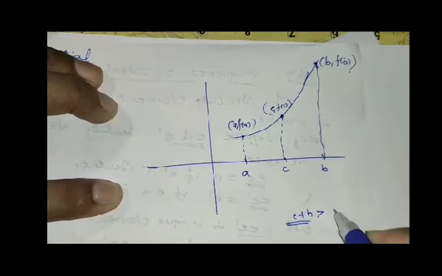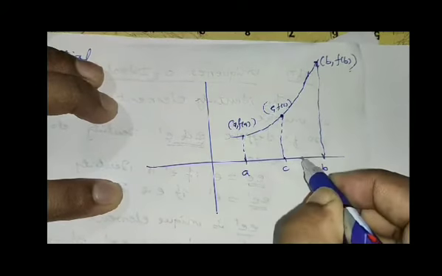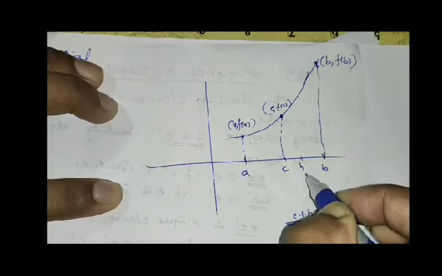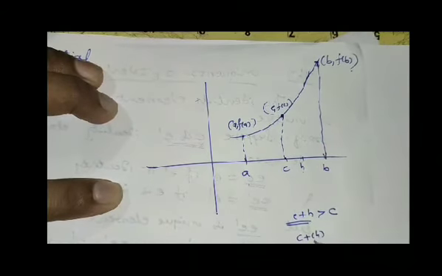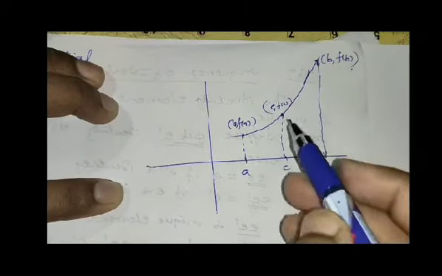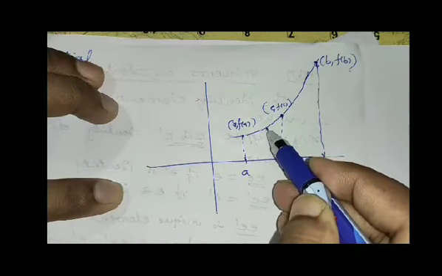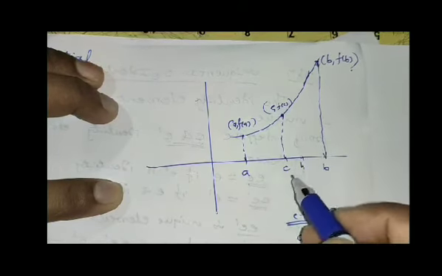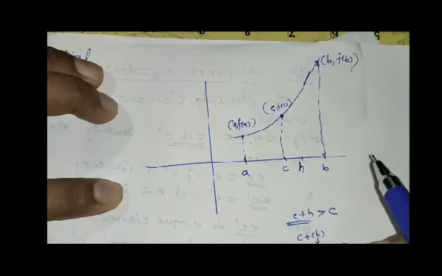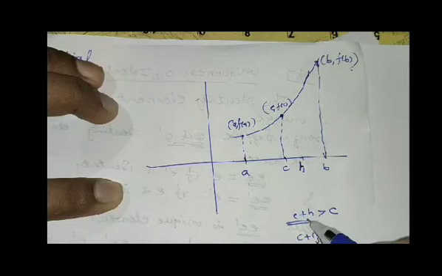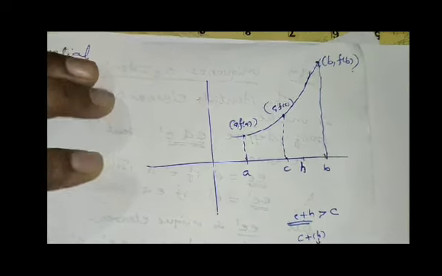Now c plus h is greater than c if it is on the right side, so h is positive, and if h is negative, then c plus h is less than c. That means there is the left side of c and the right side of c. Now I take particularly the right side.